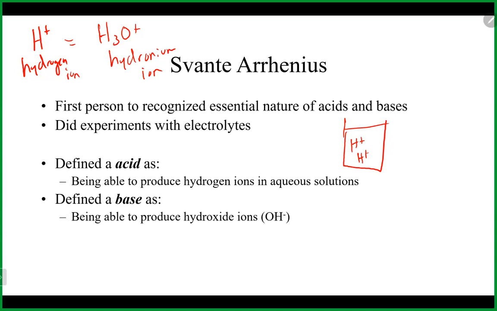In addition, H+, as we will see shortly, is sometimes referred to as a proton. That's because hydrogen has one proton and one electron. Hydrogen does not have any neutrons. So in order for it to become positively charged, it has to lose an electron, which means the only thing it has left is a proton.